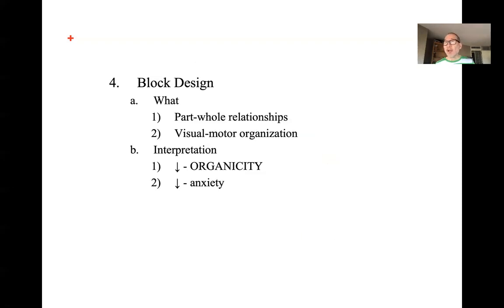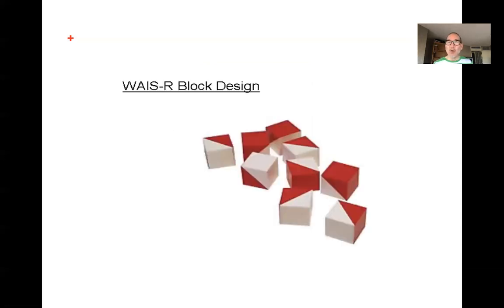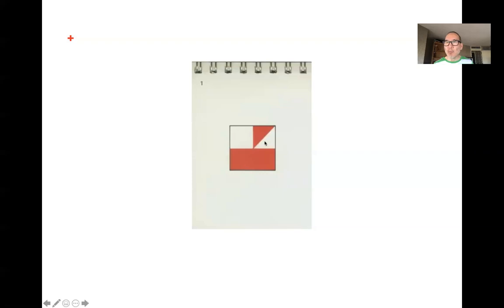Now, what does this task measure? It measures one's ability to, by way of visual spatial means, determine part-whole relationships. So understanding how this is just a part of the whole here, and these are two subparts of the whole, and how they relate, that this comes at an angle to these two red blocks.